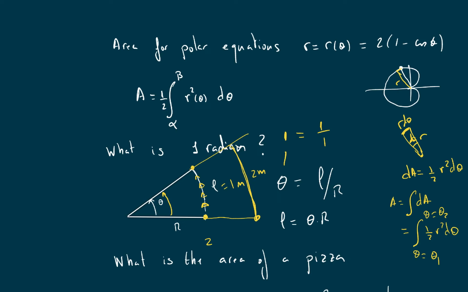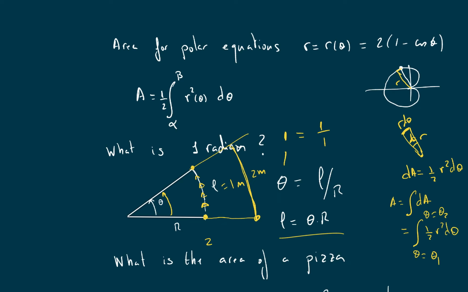1 meter of radius. Okay, so let me erase this a little bit that I don't want here, and let me continue with what I want to tell you. So we have said that the length is the radius times the angle in radians.